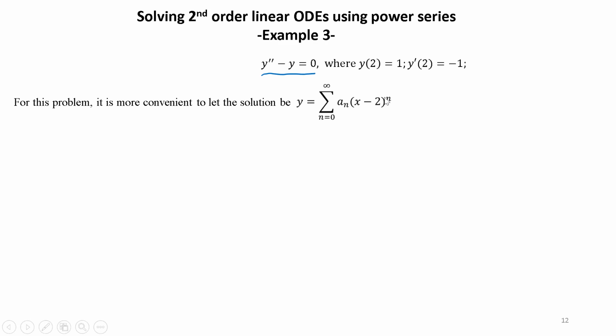And you will see why in this case this one is more convenient. It's actually related to the initial conditions that I gave. So in this problem, I not just want you to find a general solution, but I want you to find a solution based on these two initial conditions as well.